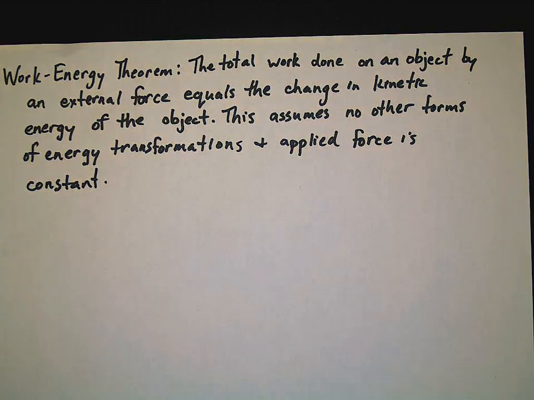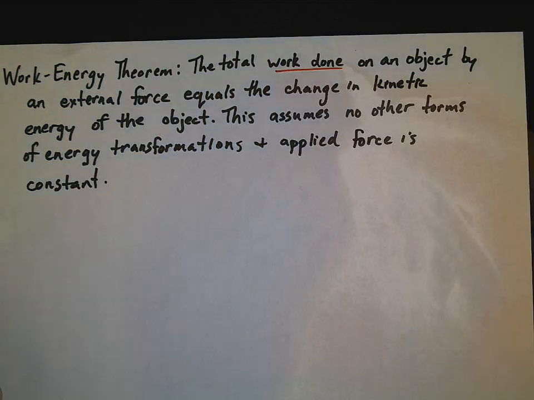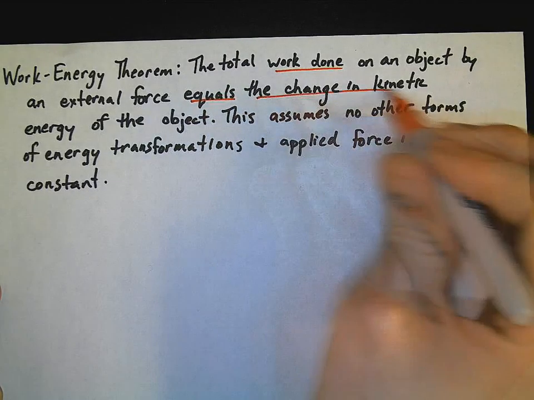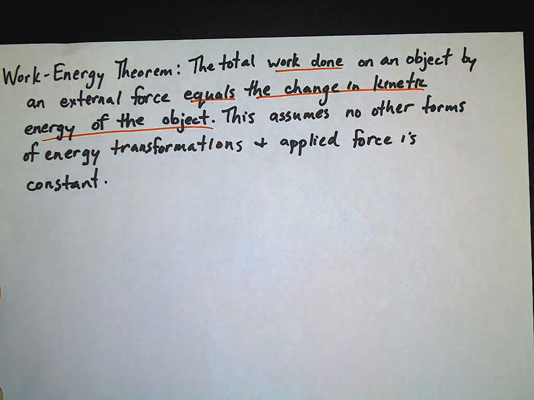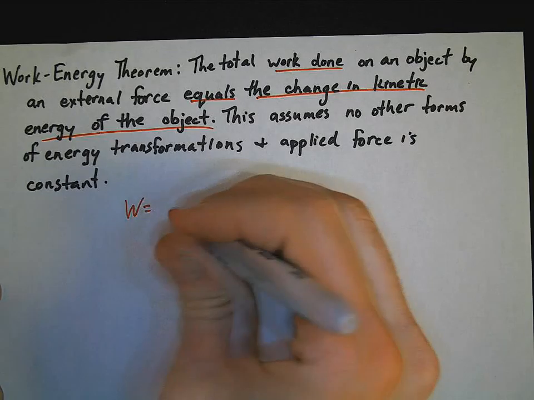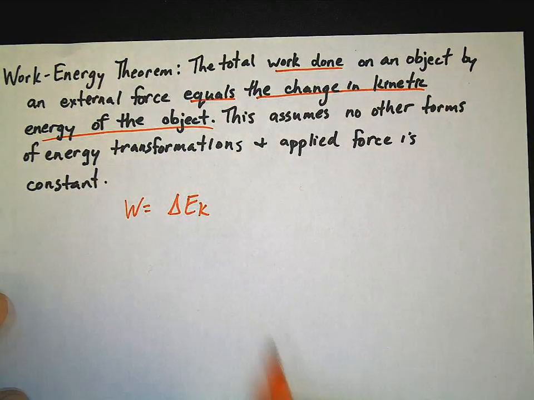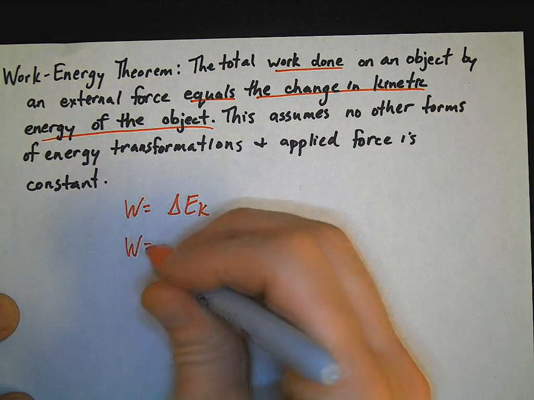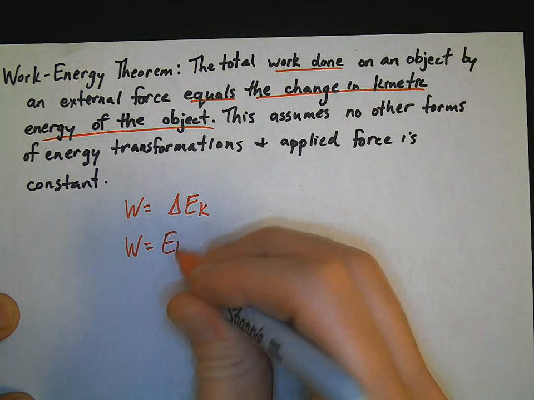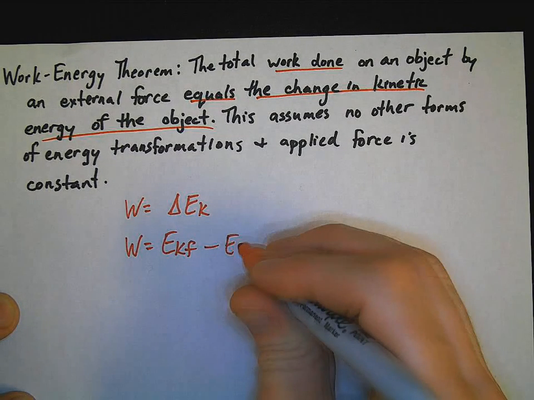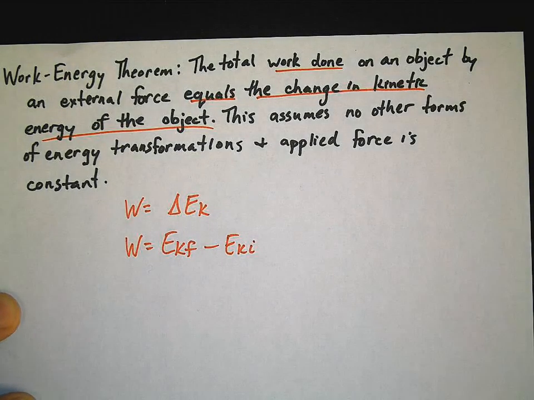In this case, we are told that the total work done on an object is equal to the change in kinetic energy of an object. So our work is equal to our change in kinetic energy. So that tells you that work is equal to our final kinetic energy minus my initial kinetic energy.